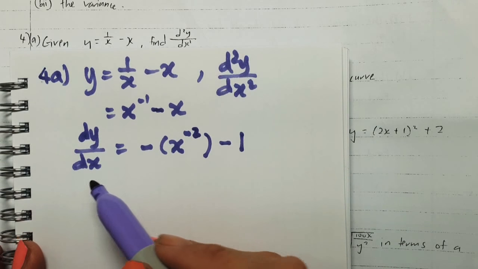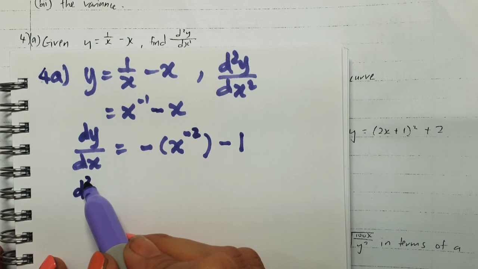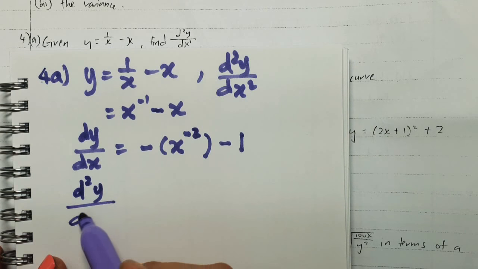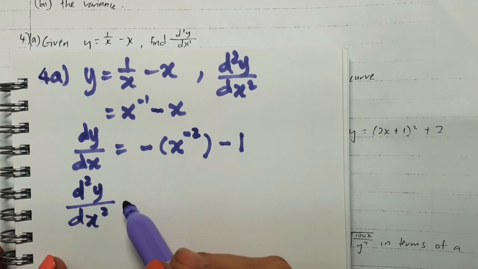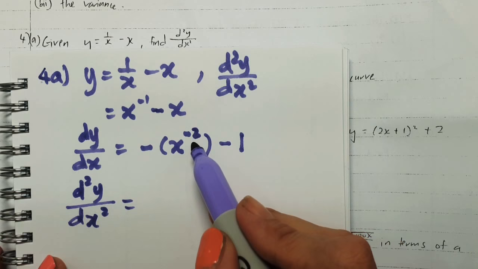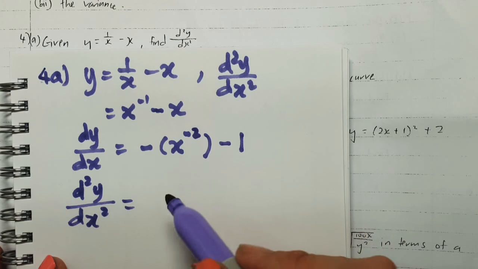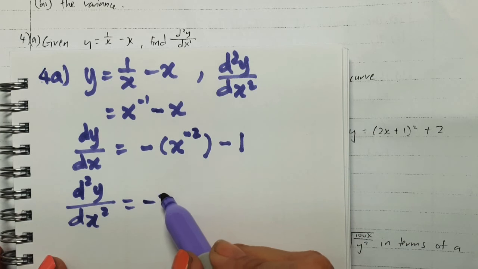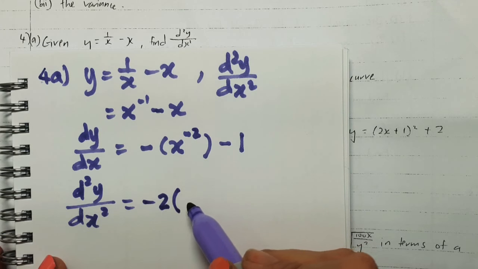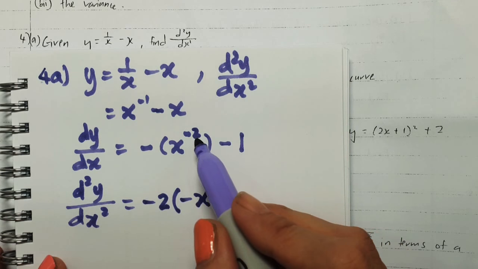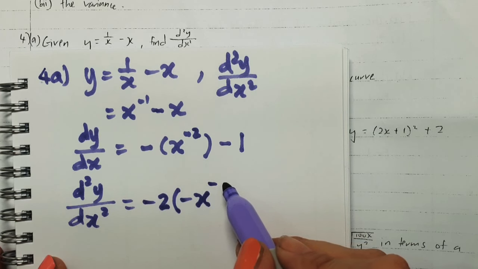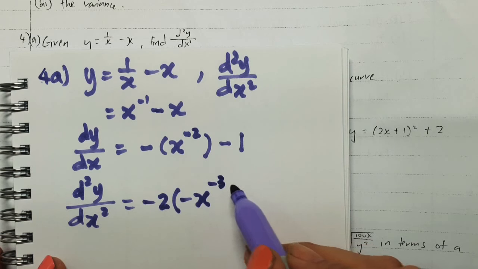The second order derivative will be d2y by dx2. Let's continue to bring this negative 2 down to the front. So we have negative 2 times the negative x, reduce the power by 1, negative 2 minus 1 becomes negative 3.